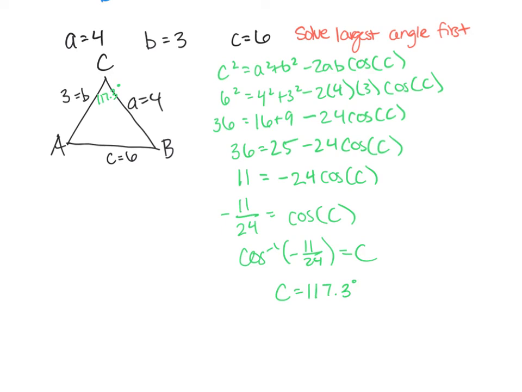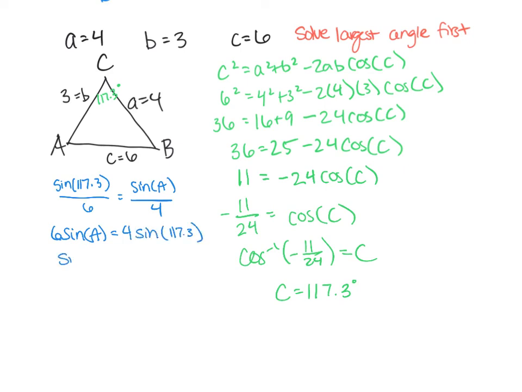We've dealt with our law of cosines. Now let's do our law of sines. I'm going to solve for angle A first. So we'll set up sine of 117.3 divided by 6 is equal to sine of our angle A over 4. And now we just solve like we have been for the last few days. So we'll cross multiply. And then we'll divide both sides by 6.